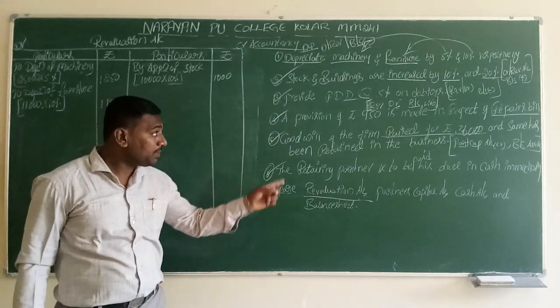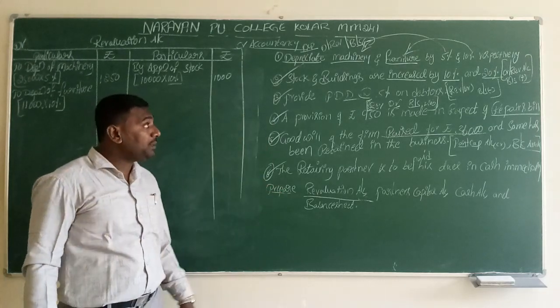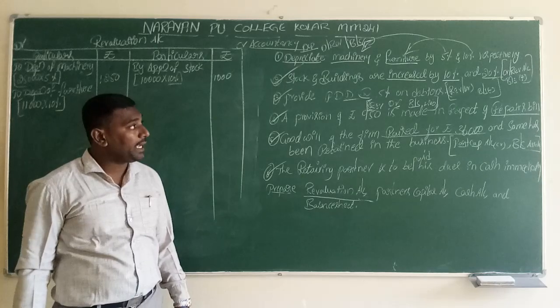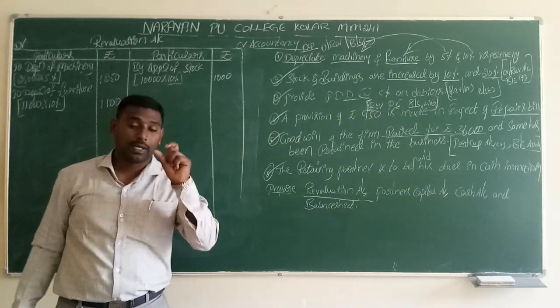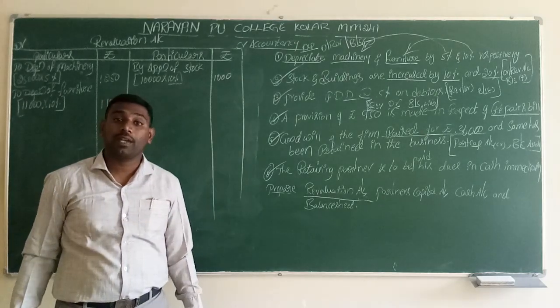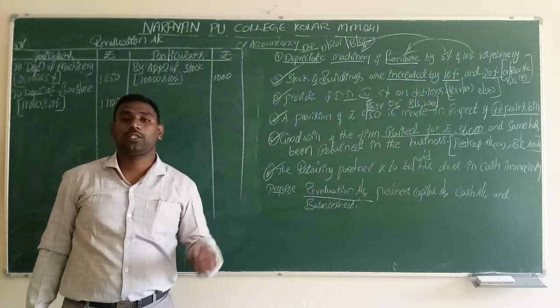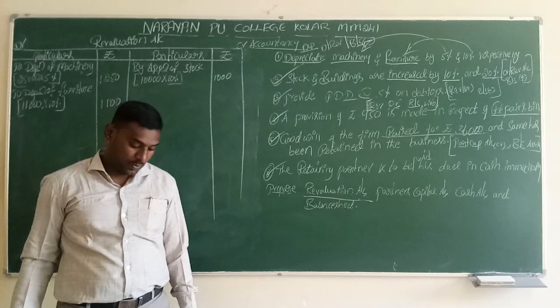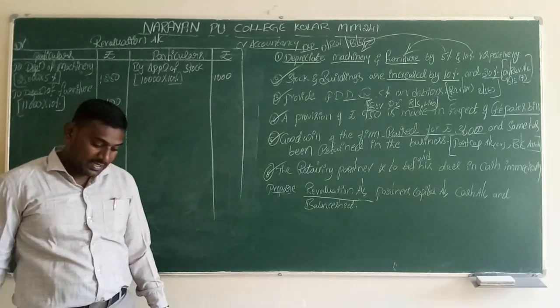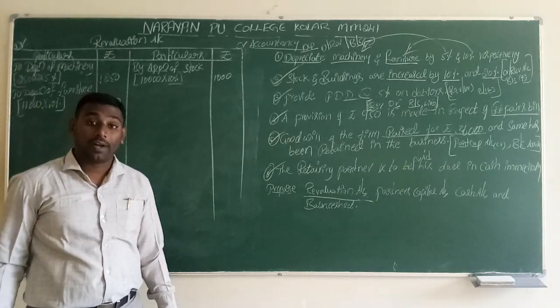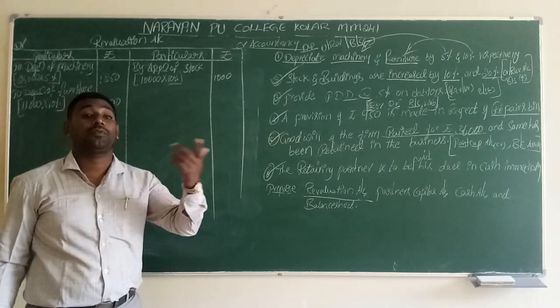Next, in the same adjustment, one more thing is given: the buildings are increased by 20%. Here also a percentage is given. The value of buildings is in the previous balance sheet on the asset side. The value of buildings is 70,000, and we have to add 20% of it.